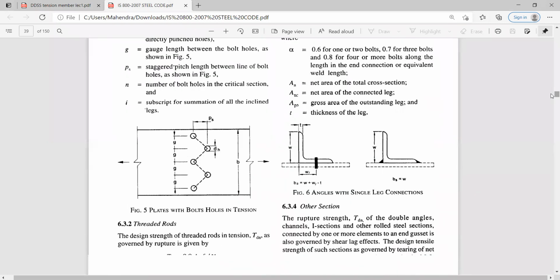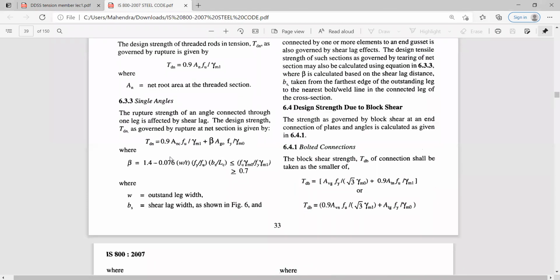See here, the formula for beta is over here, that is 1.4 minus 0.076 W upon T into Fy by Fu into Bs by Lc, should be less than or equal to Fu upon gamma m0 upon Fy upon gamma m1, and should be greater than or equal to 0.7.